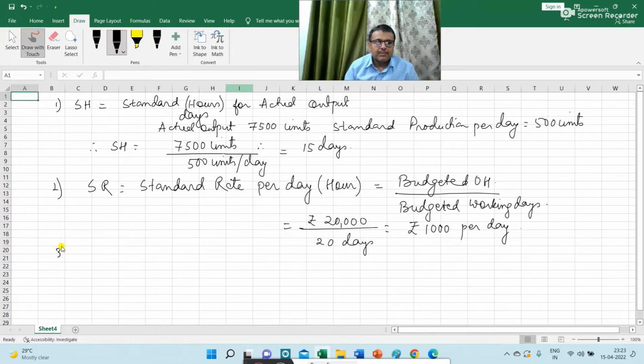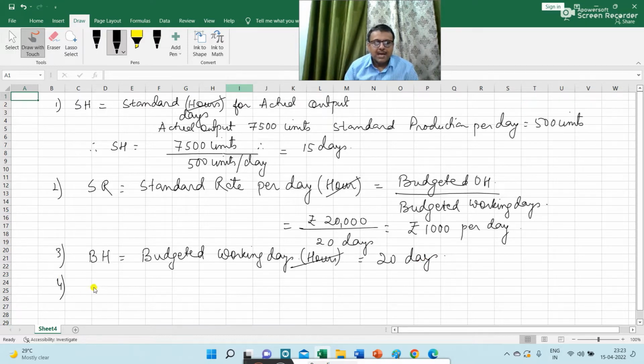Now the third parameter is BH, that is budgeted working days instead of budgeted hours. So instead of budgeted hours, we are writing budgeted working days. So these hours are to be removed. So this is equal to 20 days.